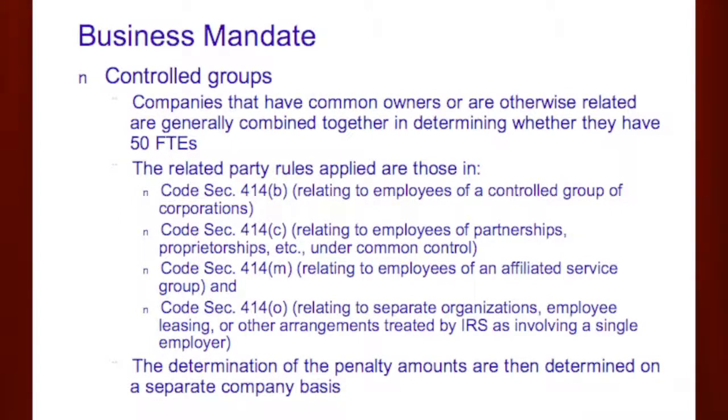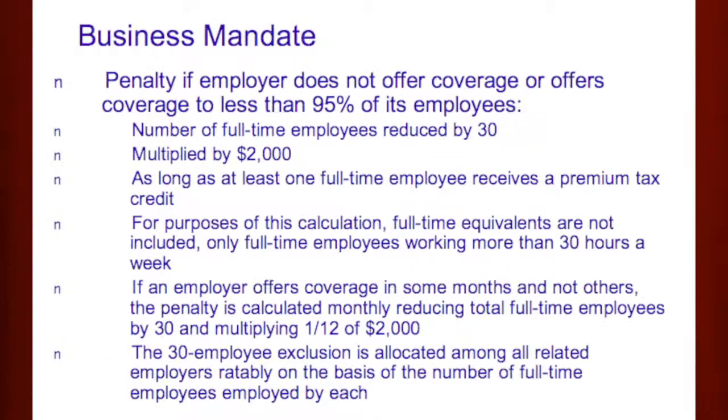And so I would have to provide health insurance for each employee of those 3 companies, because in the aggregate, I've got more than 50 employees. But then the penalty amount is determined on a separate company basis. And we will talk about how that works.